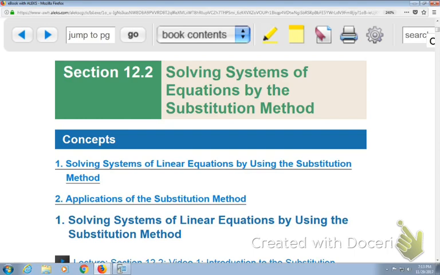In 12.2, we're going to talk about solving a system by substitution method. Now this is going to be a good algebraic method, so we're going to be able to use this to solve a system even if the answer is gross.